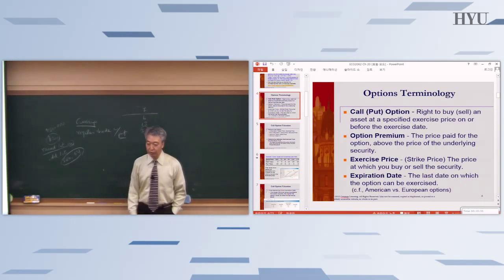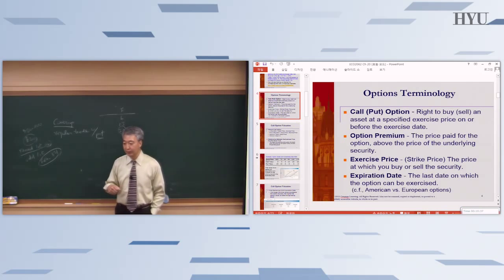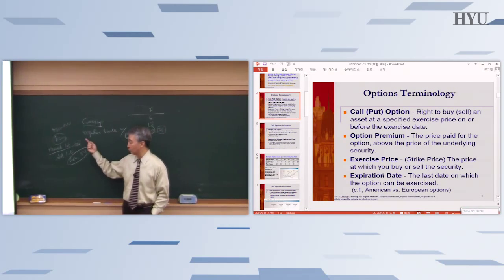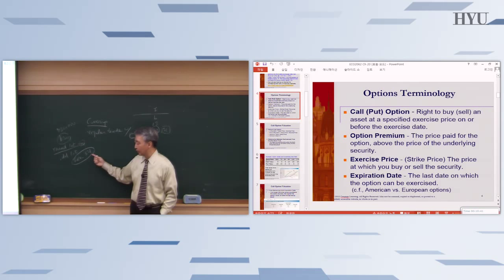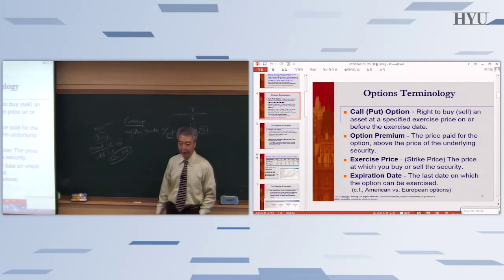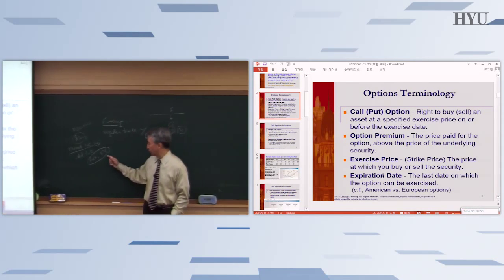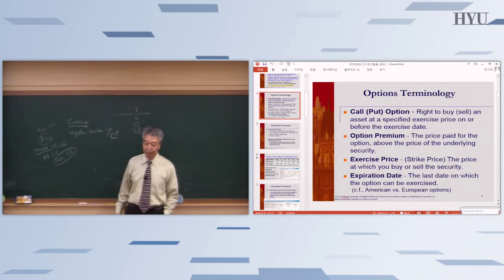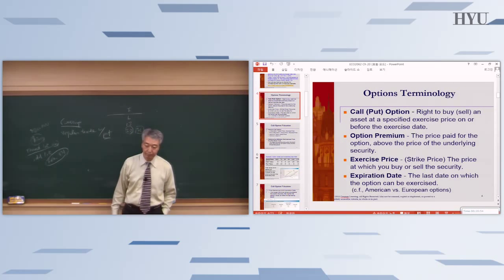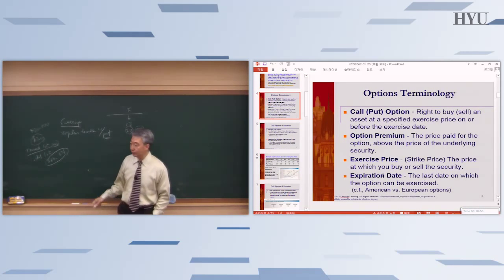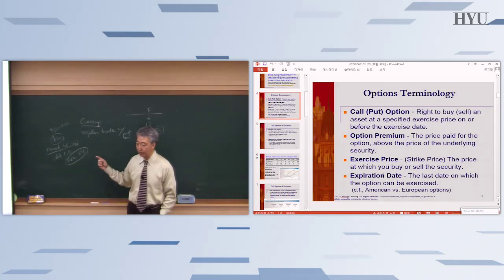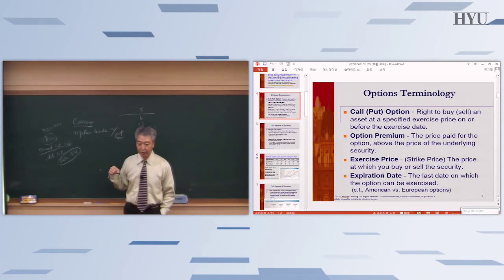Then you have a right to sell these 1,000 shares of GE stock at $21 at the expiration day, which is the third Friday of February next year. If the GE stock price is lower than $21, then you will definitely exercise it.